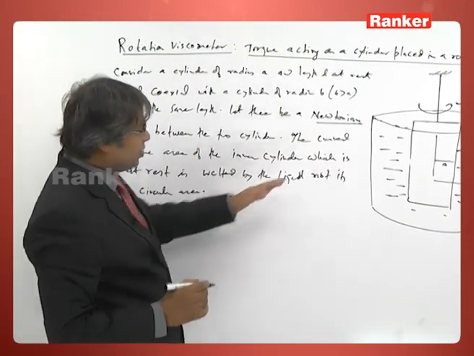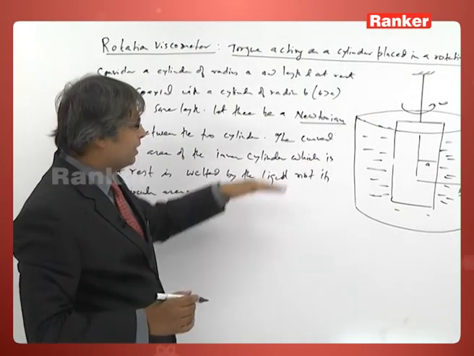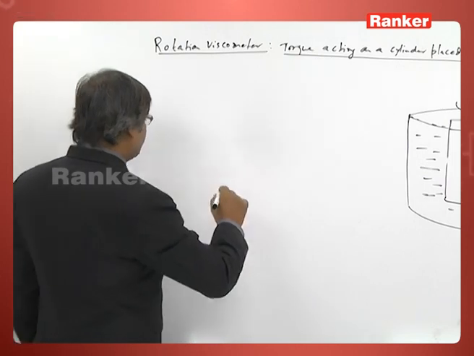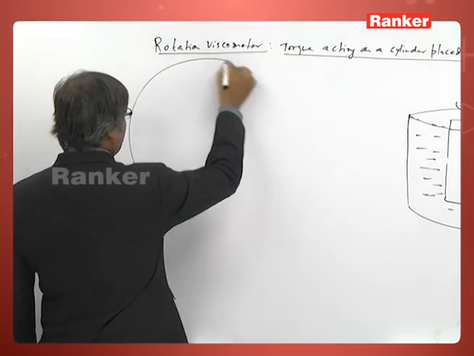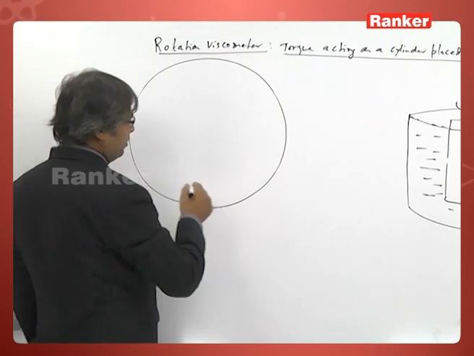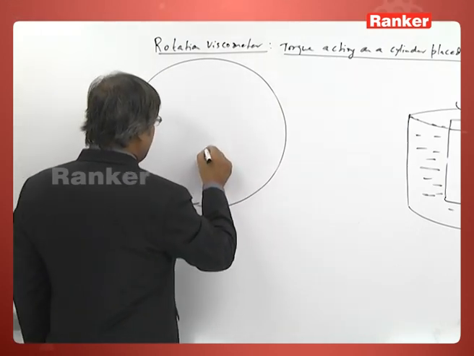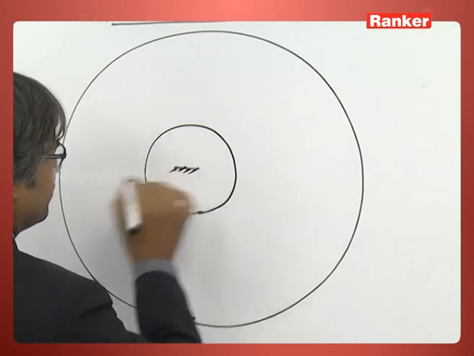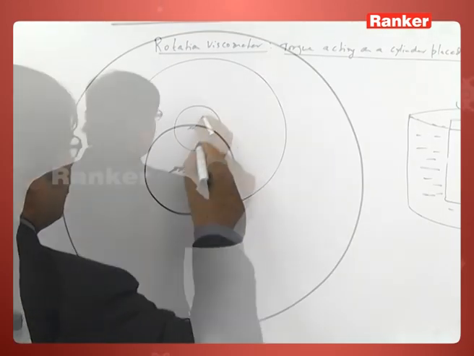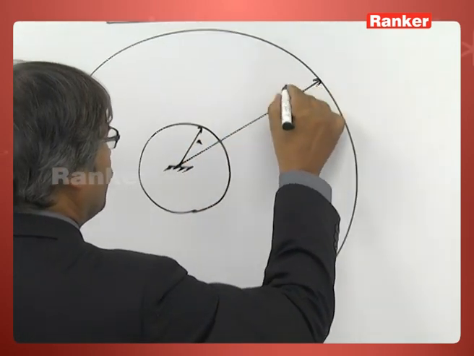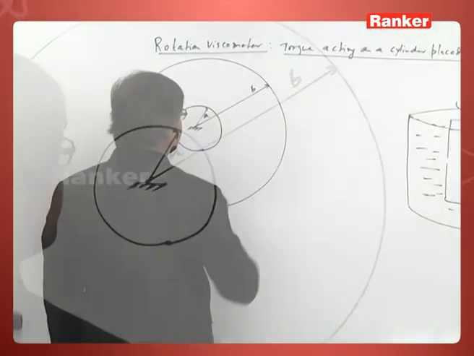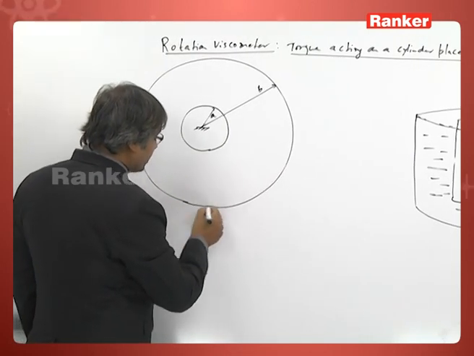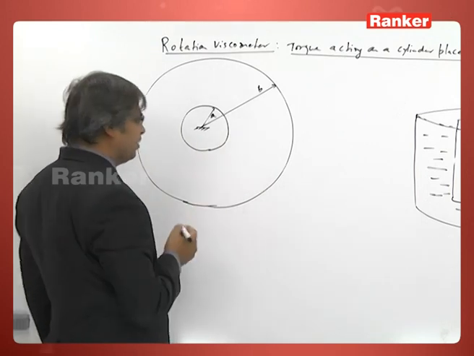Now let us draw the top view. This is the outer cylinder and this is the inner cylinder, which is at rest. It has a radius of A and the outer one has a radius of B. The liquid is filled in between.